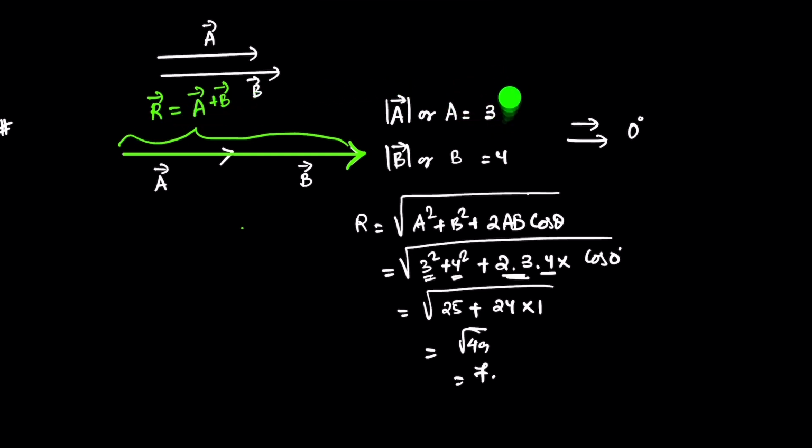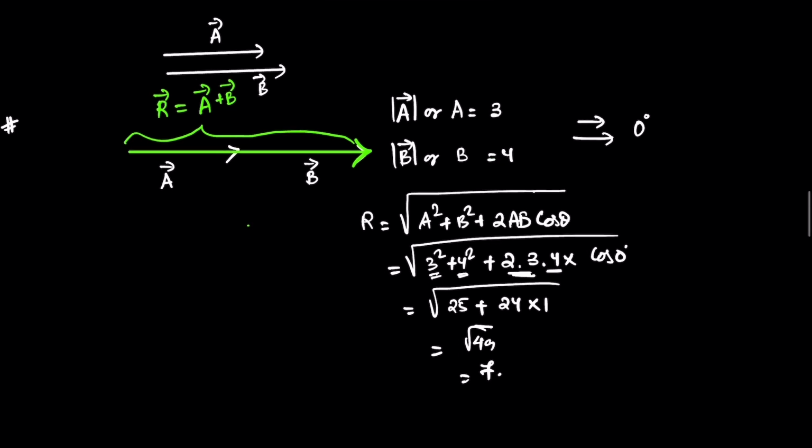Logically, A is 3 and B is 4, 3 plus 4 is 7. So any two vectors in the same direction, the resultant is the sum of the magnitudes. Simply add the magnitudes of the two vectors. So how will you represent this symbolically?